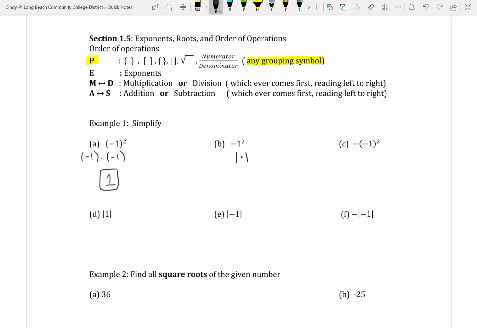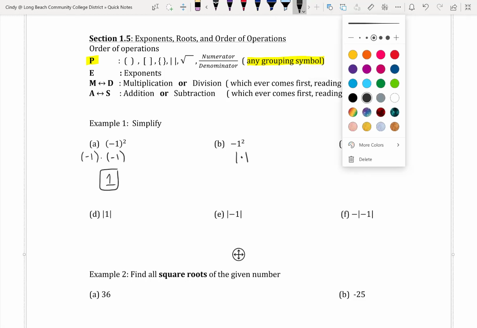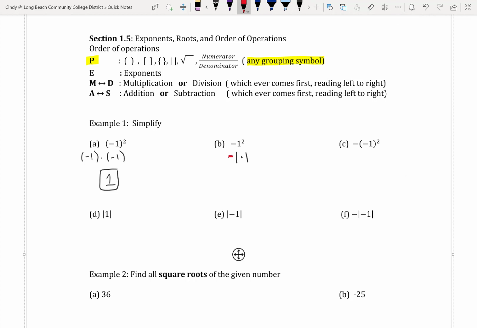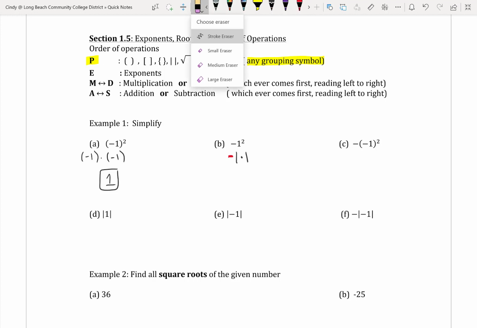That is being multiplied. So the thing that's kind of hanging out here is actually the negative. So the negative is just hanging out. So I'm going to have, sorry guys, I'm getting used to this. So I'm really going to have 1 times 1 times a negative.